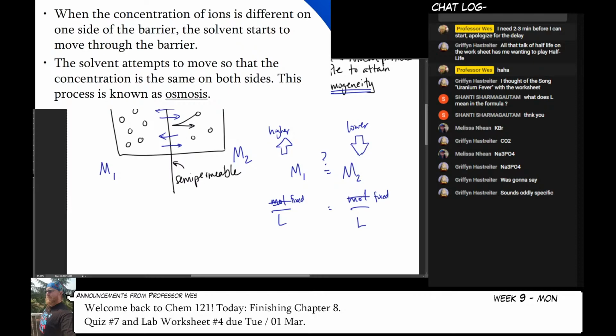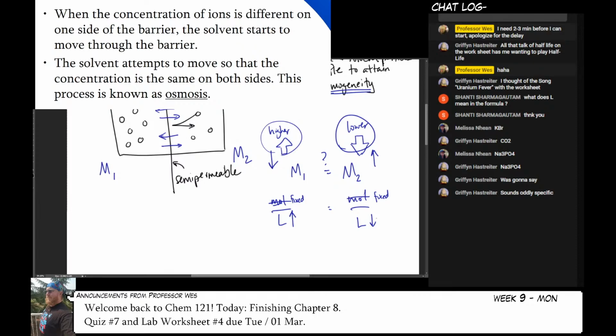So which direction will the water go? Well, if I have the higher concentration on the left and I want it to be reduced, then I need to increase its volume. And if I have the lower concentration on the right and I want its volume to increase, I need to reduce that volume, right?